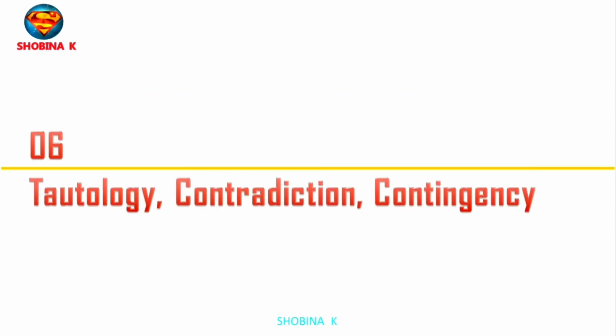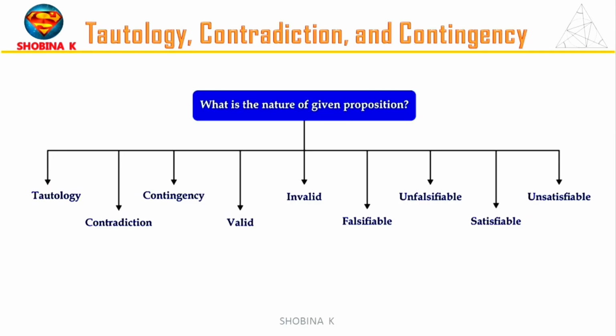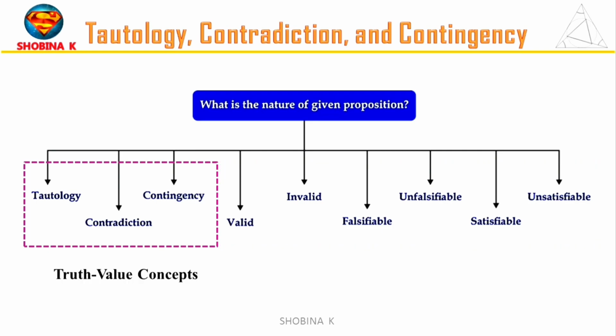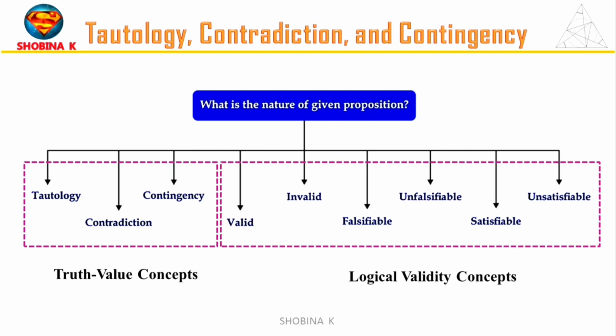Now let's move on and understand the concepts tautology, contradiction, and contingency. And we will be covering two categories: truth value concepts and logical validity concepts. The tautology, contradiction, and contingency are truth value concepts, whereas valid, invalid, falsifiable, unfalsifiable, satisfiable, and unsatisfiable are logical validity concepts.